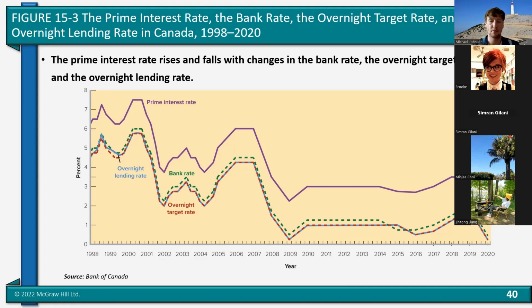Because with the prime rate you are lending to people and businesses, while the other three rates are lending between banks, with lower risk. So lower interest rate due to lower risk. That's how it works.